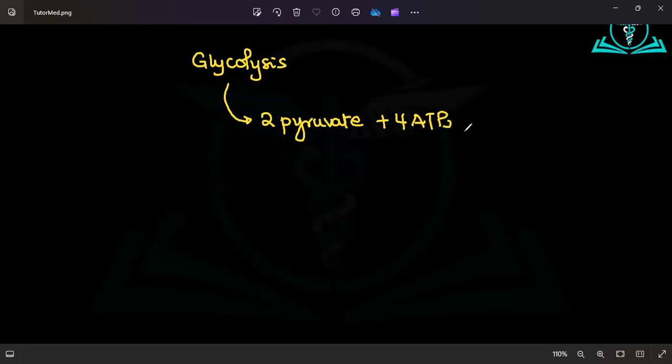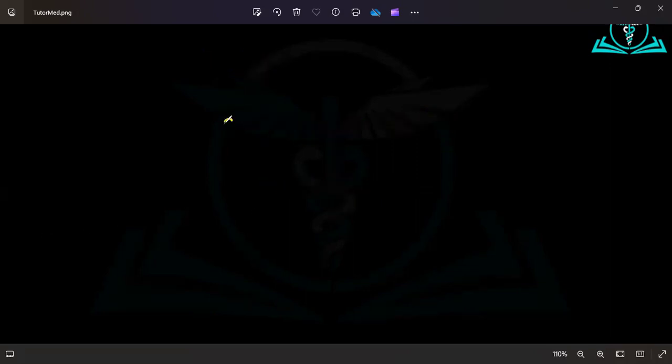So the net would be what? 2. Then the pyruvate is converted to what? Acetyl-CoA by pyruvate dehydrogenase. So the acetyl-CoA is the one which is going to enter the Krebs cycle. It binds to oxaloacetate, which is the molecule that begins the Krebs cycle. Oxaloacetate will move to what? Citrate, and then the cycle moves on.